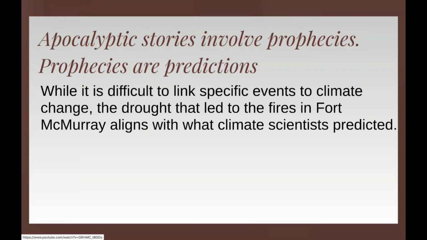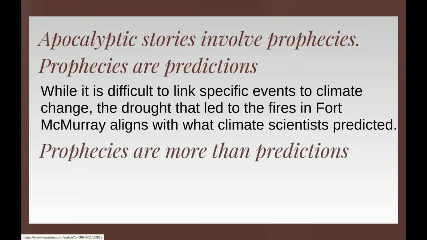And I think what we're seeing today is predictions made by climate scientists coming true pretty regularly. We're seeing that, like I said, right now in California, in Fort McMurray, what they saw a couple of summers ago, and the fires of last year in California were very much in line with what climate scientists were predicting. So in a certain way, climate scientists were behaving as prophets.